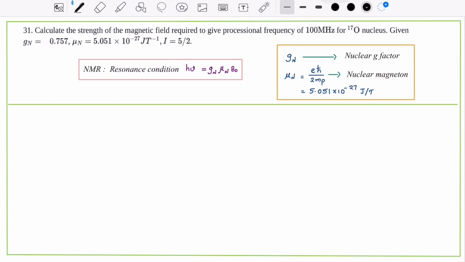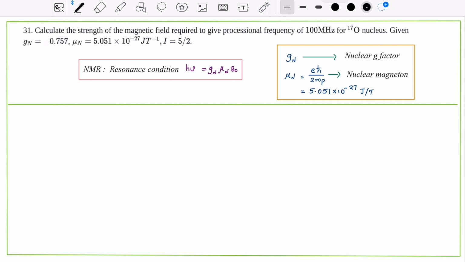The next question is, calculate the strength of the magnetic field required to give precessional frequency of 100 MHz for oxygen 17 nucleus, given Gn is equal to 0.757, mu n is equal to 5.051 into 10 raised to minus 27 joule per Tesla, and I is equal to 5 by 2.